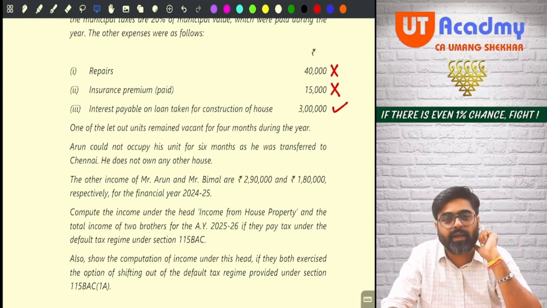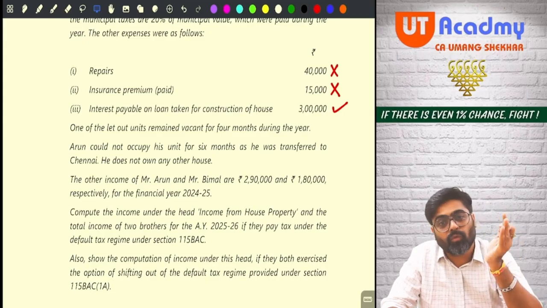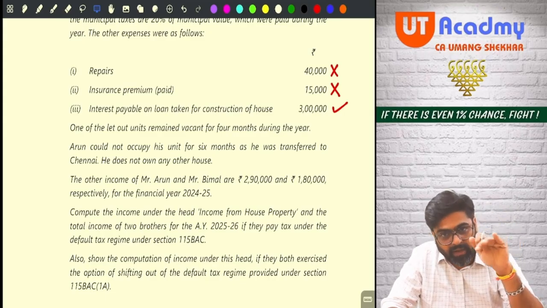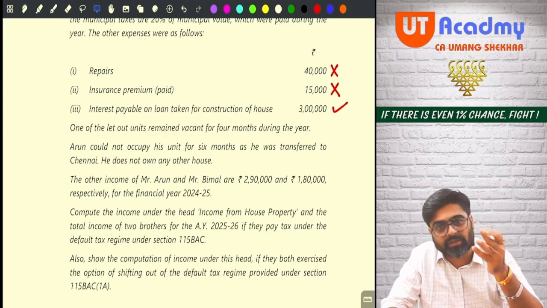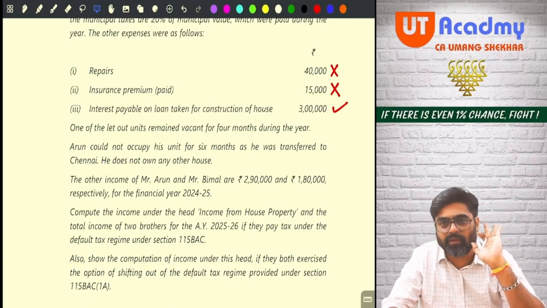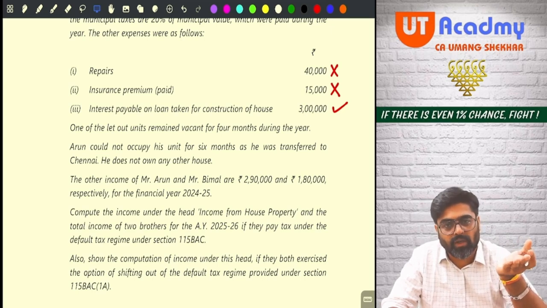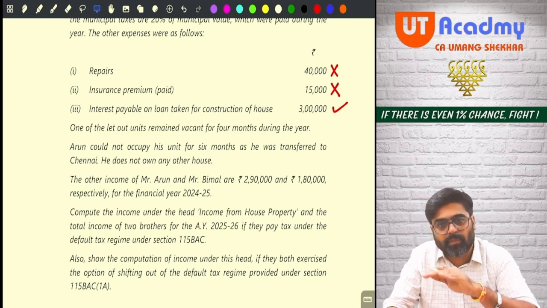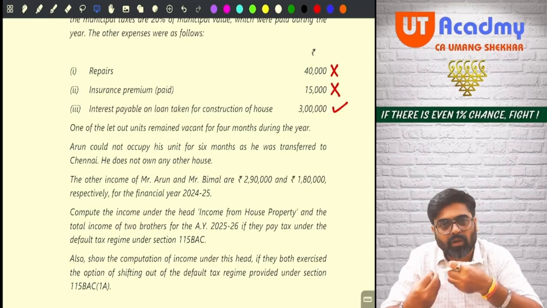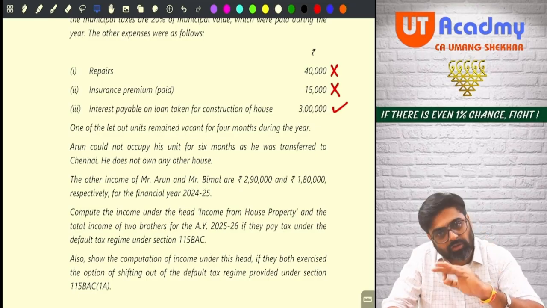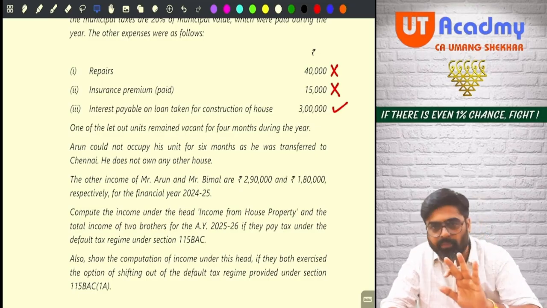He did not earn anything out of it. So will his SOP have any effect of that? No, his SOP will still remain his SOP only. Getting my point? Because he could occupy only for 6 months, and for the balance 6 months, the property remains vacant. He is not earning any benefit out of it. So still his SOP will be treated as SOP only.